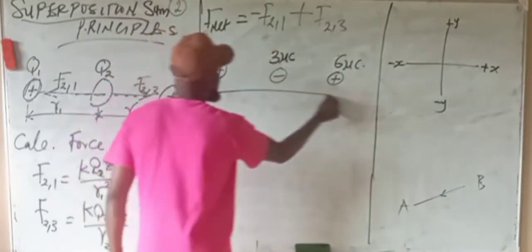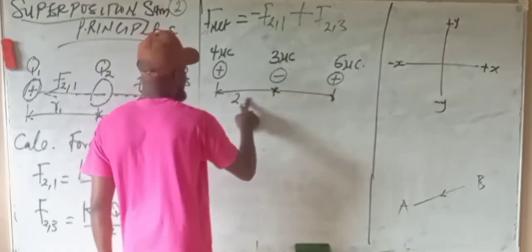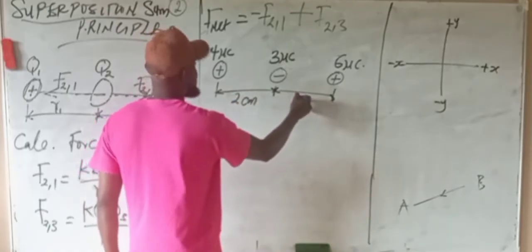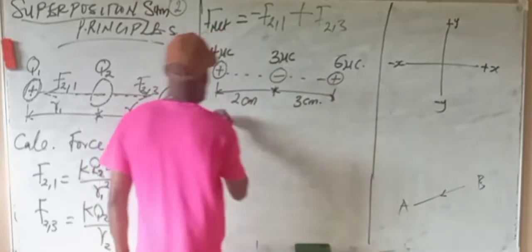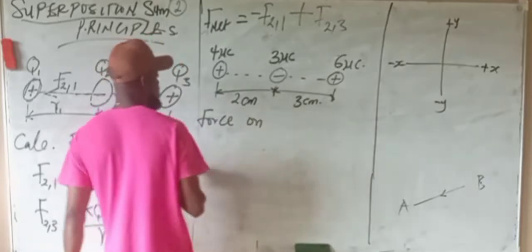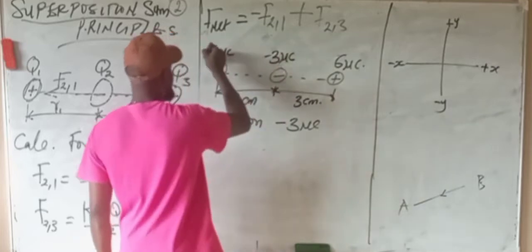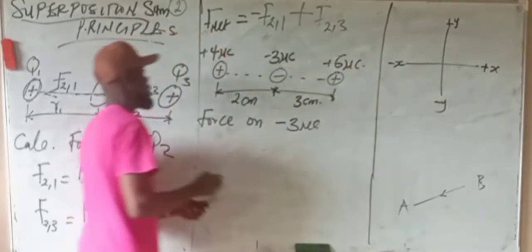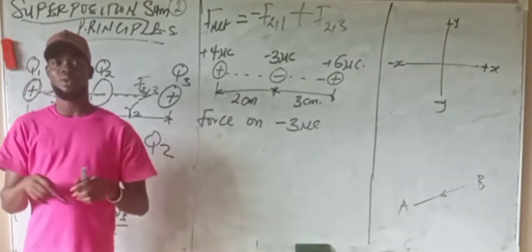From here to here, let's say this one is 2 cm, and this one is 3 cm. What will be the force on the minus 3 microcoulomb? So that is negative, that is positive, that is positive.